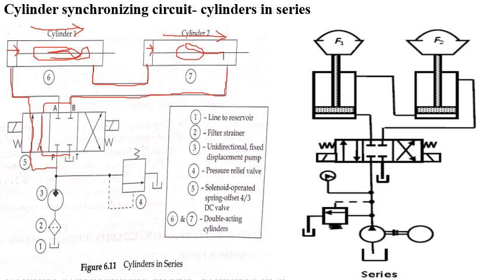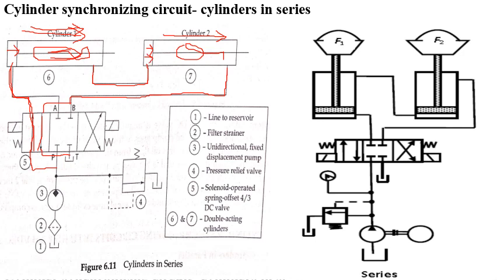I will repeat. The direction of flow goes like this and acts on the blank end of the piston, and cylinder 1 extends. The oil in the rod end moves out towards the inlet of cylinder 2, and cylinder 2 starts extending.